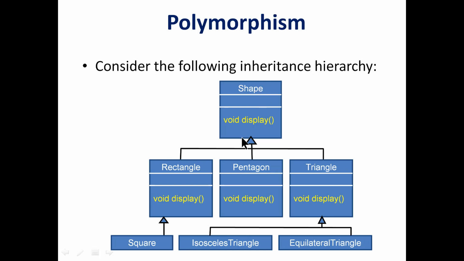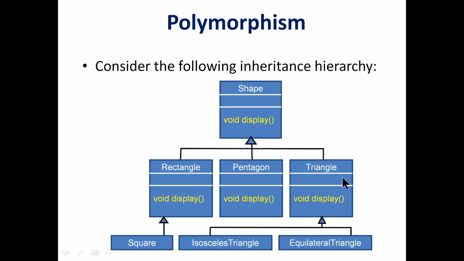What you see, shape has a display method, and rectangle is a shape, pentagon is a shape, triangle is a shape. They are all children. Everyone has a display method, and these are further children of rectangle: square, isosceles triangle, and equilateral triangle. There are different types of triangle.